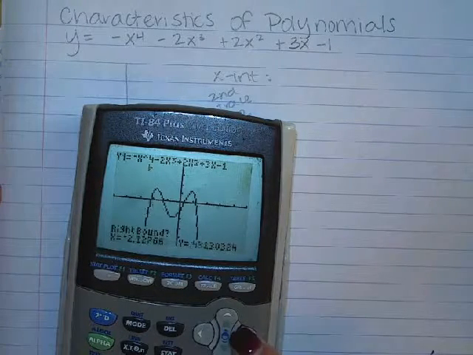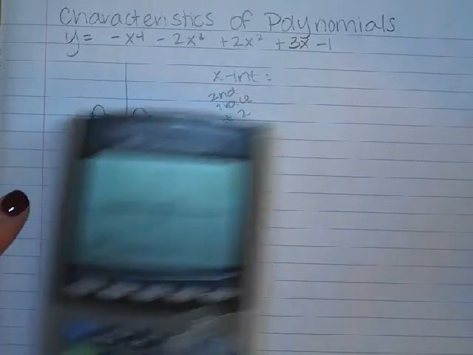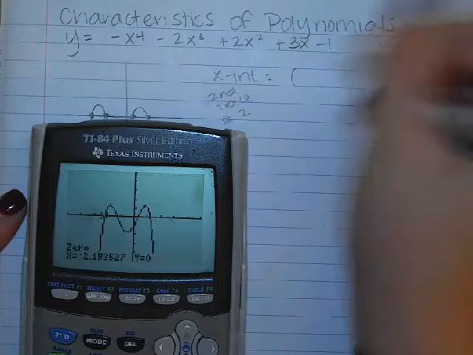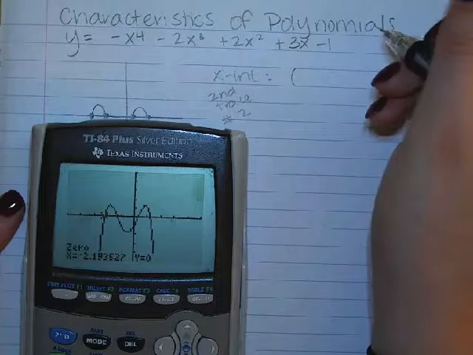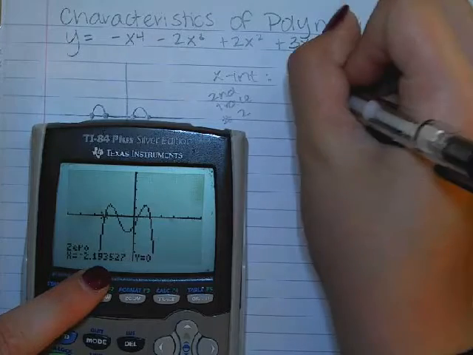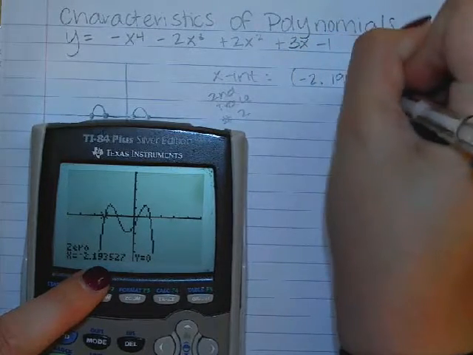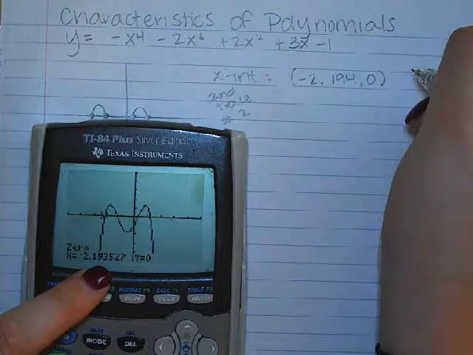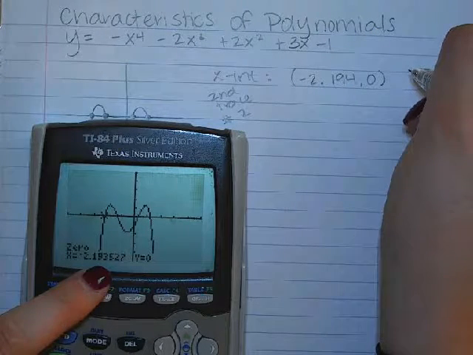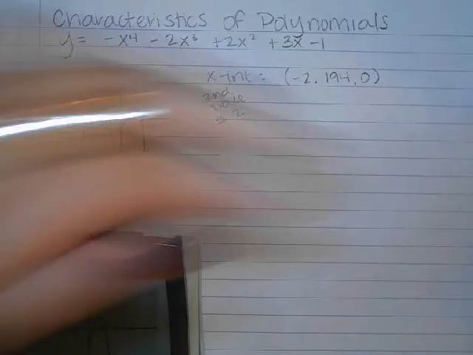So left bound, right bound. And when we write our X-intercepts today, a lot of them are going to be decimals, and we're going to do 3 decimal places. So this one would be negative 2.194, comma 0. And I'm going to let you guys go ahead and find the other 3.